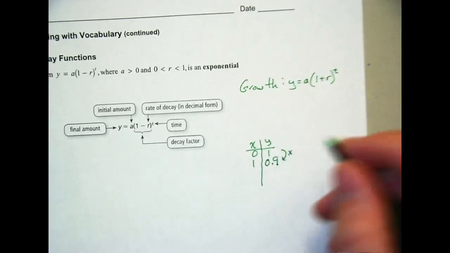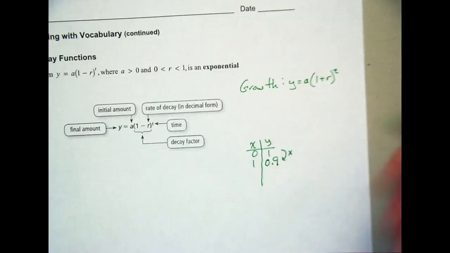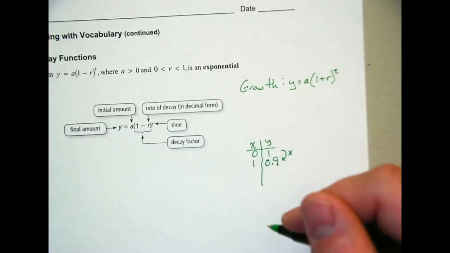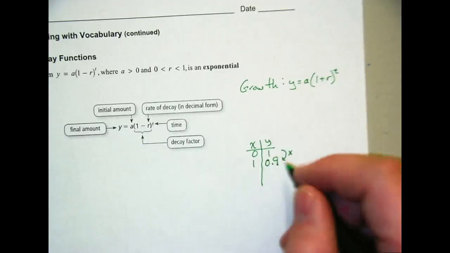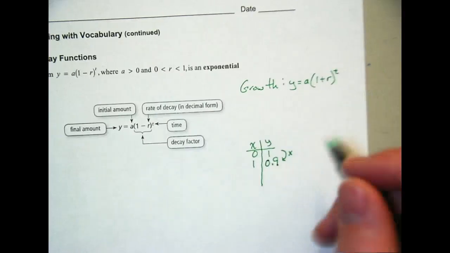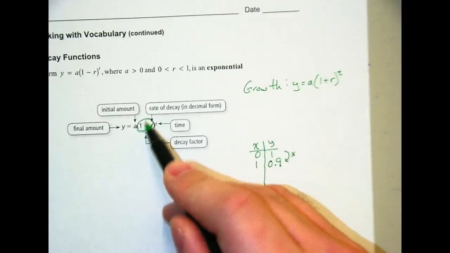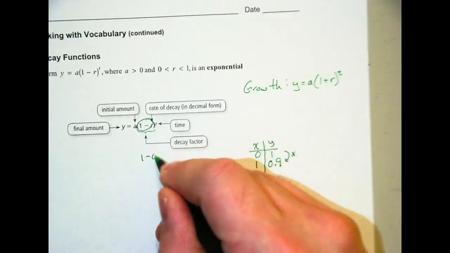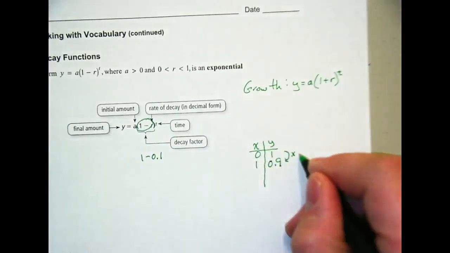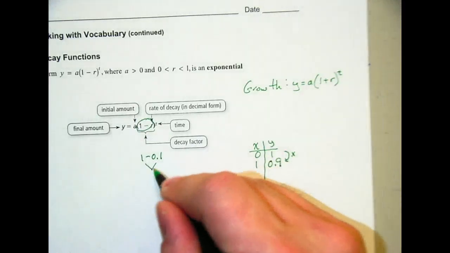Okay, that's what we're decreasing. We're losing 10% each time. Okay, that's what I end up with. So, everyone get that? All right, so right here, I'd be saying 1 minus 0.1, which is actually, what is 1 minus 0.1?